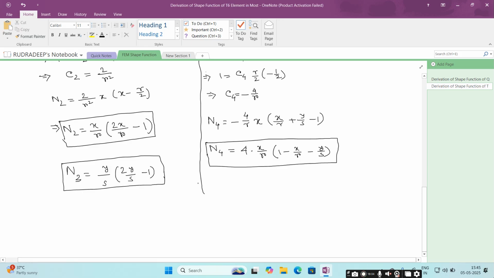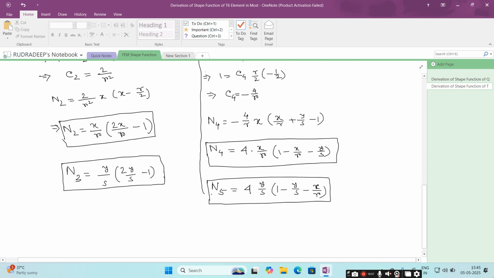So n6 will be 4 y by s into 1 minus y by s minus x by r. Or I can do the same calculation for n6. Sorry, the earlier one was not n5, it was n6.